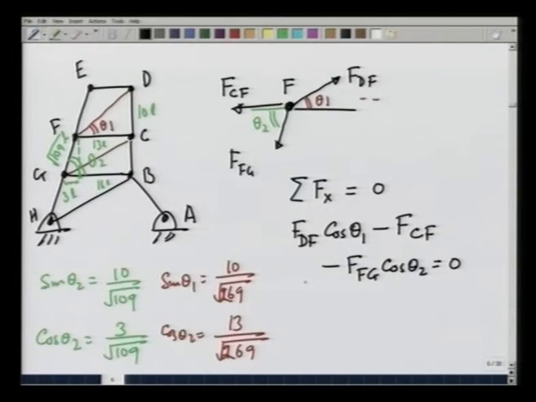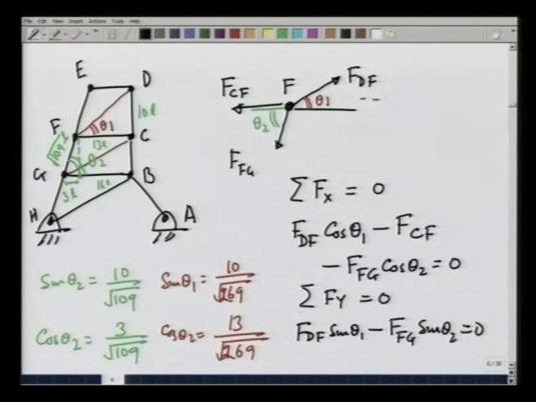Similarly, summation F_y equals 0 gives me F_DF sine of theta 1 minus F_FG sine of theta 2 equals 0.